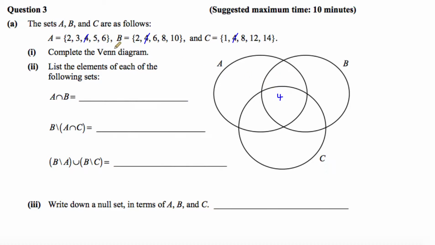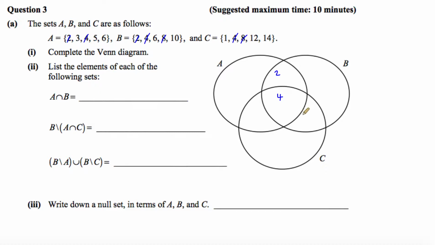What's in A and B? Well, I've got 2 is in A and B. So that's going to go up here. And is there anything else? No. So now I'm going to look and see what's in B and C. Well, in B and C I've got the number 8.